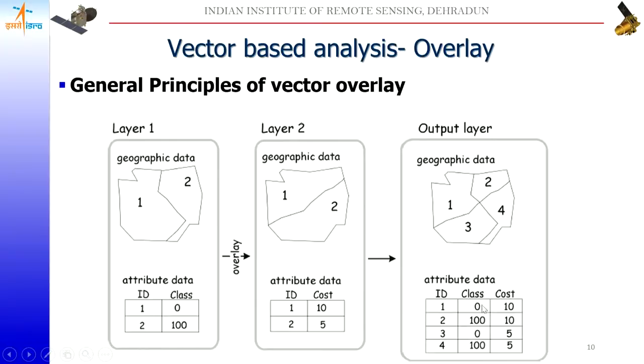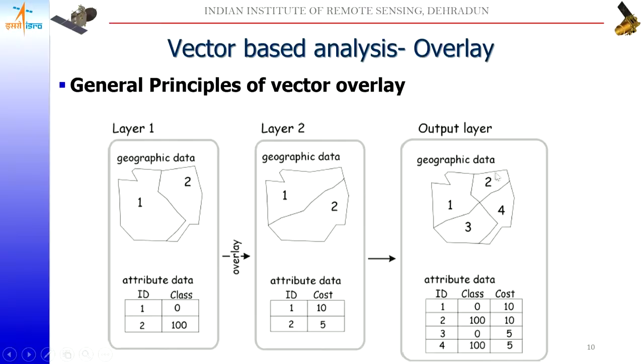Now if you drill down into this and see how these values are extracted. If you look at this polygon 1 in the output layer, we'll see that it has come from polygon 1 in layer 1, and this region falls in polygon 1 of layer 2. Hence it is drawing the value of class as 0 and the cost as 10 from polygon 1 in layer 2.